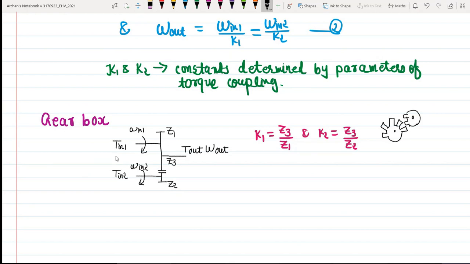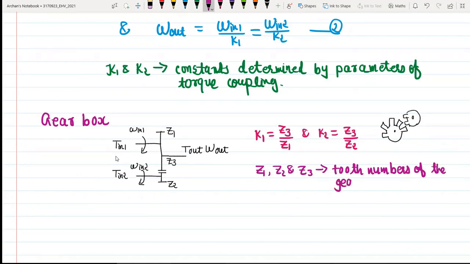Okay, so Z1, Z2 and Z3 indicate the tooth numbers of the gears, right? So this is first possibility, you can say.